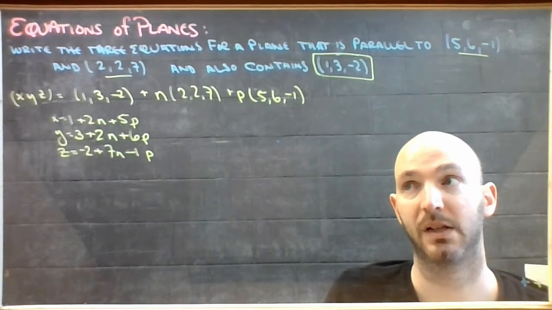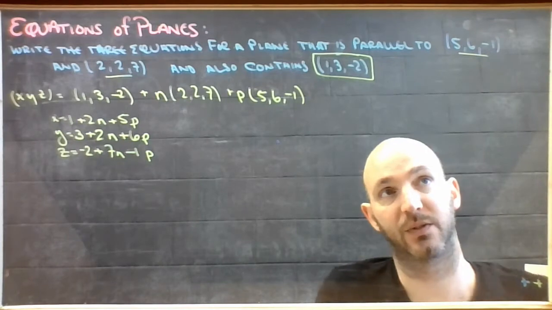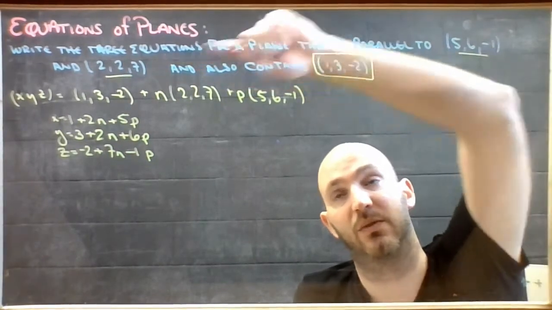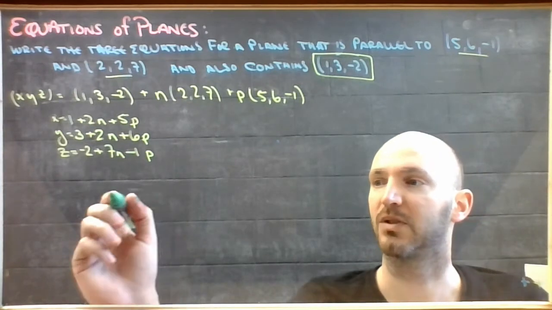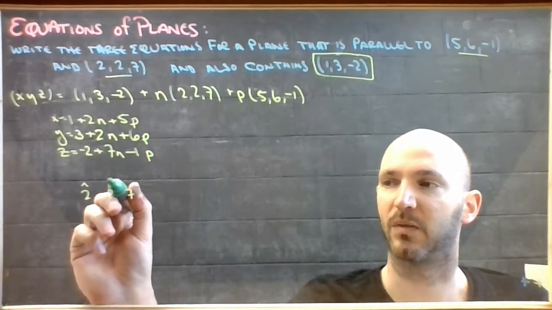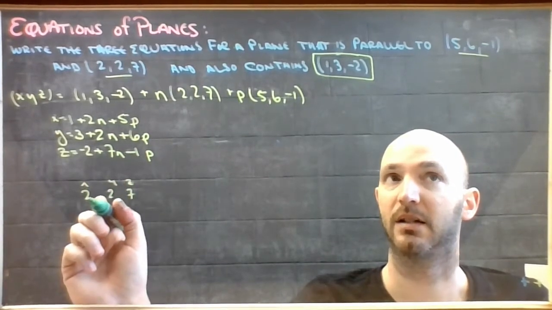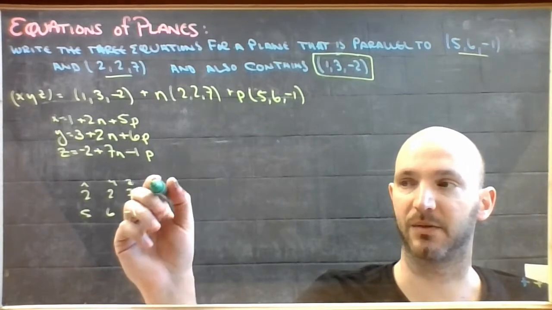So there we go. To get the third one, I'm going to have to find a vector that is perpendicular to these two direction vectors, so I'll need to do a cross product. So 2, 2, 7 is my x, y, and z, and 5, 6, -1 as my other direction vector.